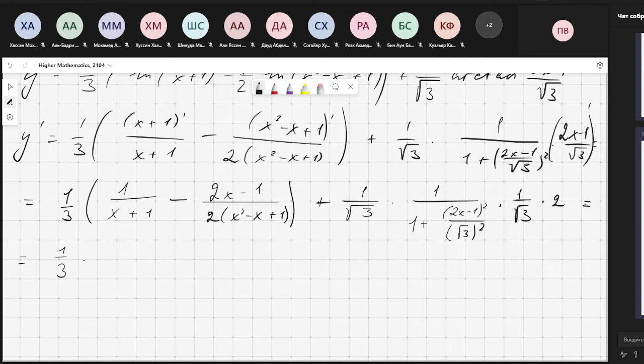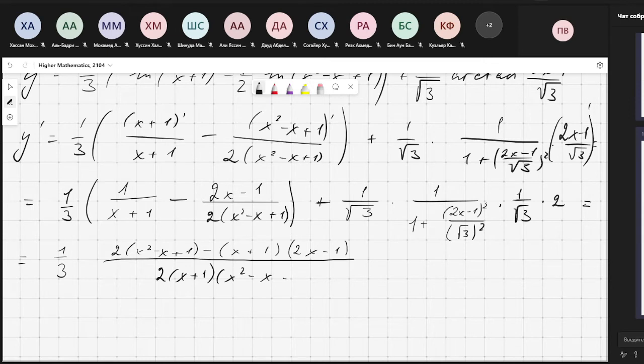We can see 1 over 3 times 2x squared minus x plus 1, x plus 1 times 2x minus 1, maybe here we don't need 2x plus 1 times x squared minus x plus 1 plus 2 over 3 plus 2x minus 1 squared.